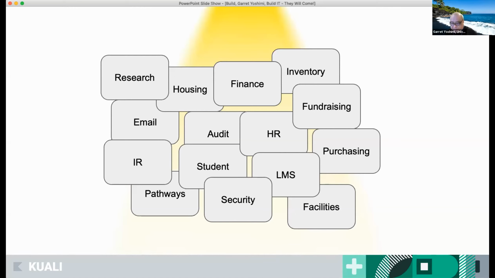We're not a full suite school, so we're a Banner SIS and financial aid. We're a PeopleSoft HR, we're a Kuali Finance, we are a Sakai LMS, and on and on and on. You kind of get the idea. And again, this is the stuff that falls into central IT from the standpoint of responsibilities.